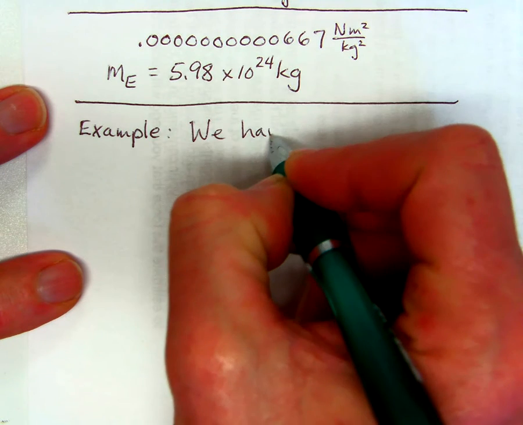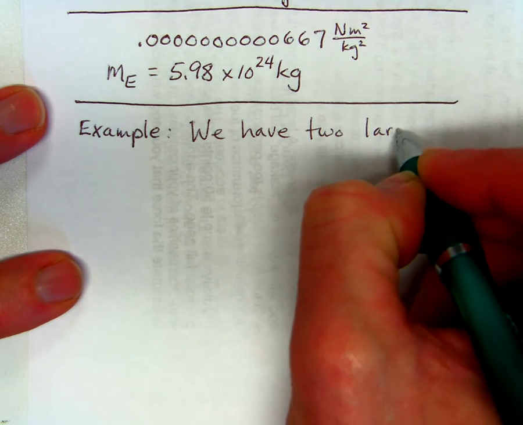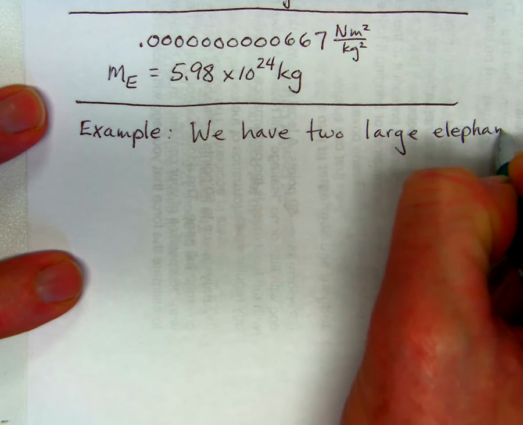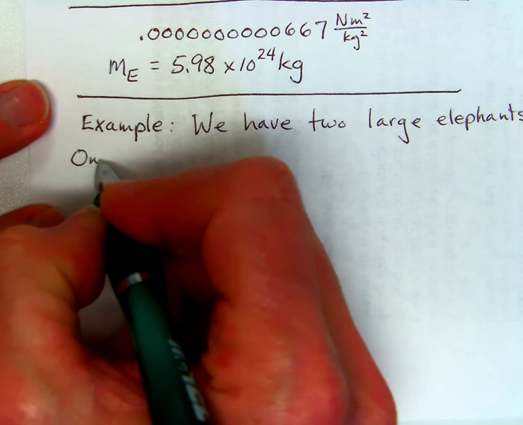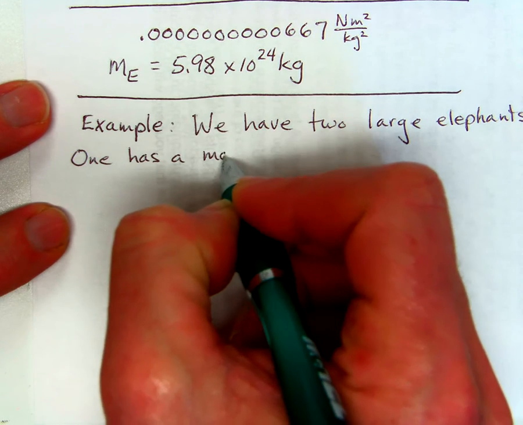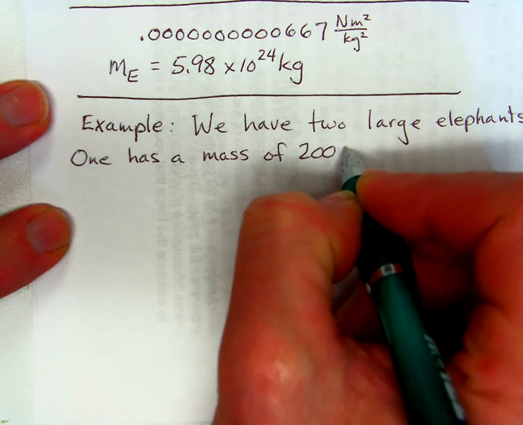We have 2 large elephants. One has a mass of 2,000 kilograms.